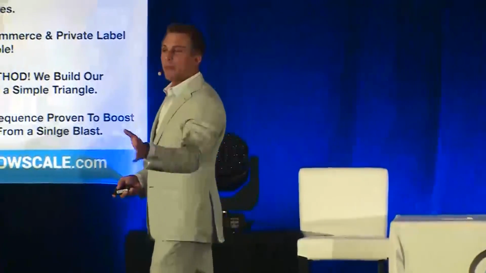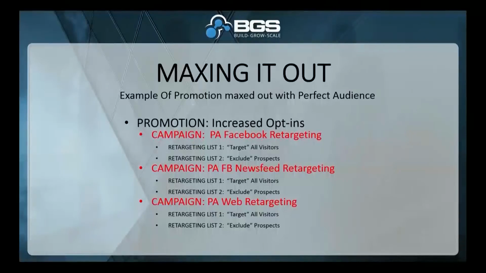We also have another campaign that's the exact same campaign, maybe different ad creatives, running in the news feed, saying, hey, come back and opt in. Then we have another campaign that's the exact same campaign, the exact same creatives, running on the web retargeting network, which is the display network. So now it's all over the web, covering both sides of Facebook and the web. Every single one of these ads is just pushing people back to opt in.